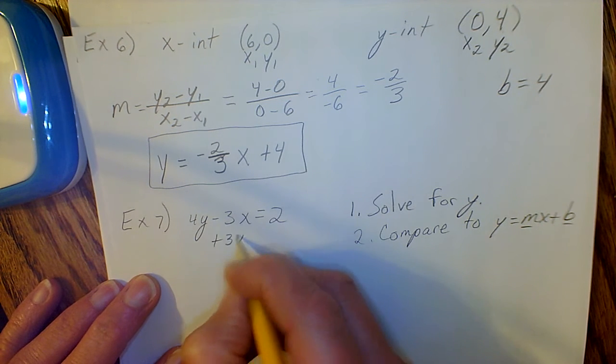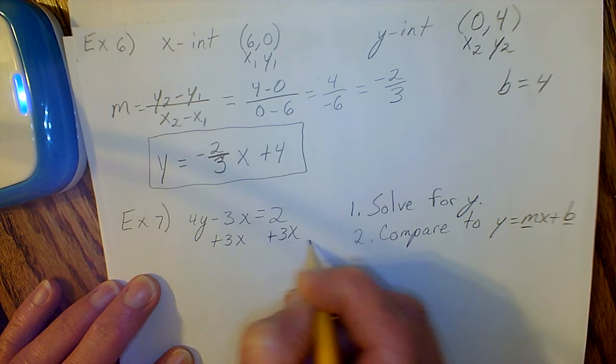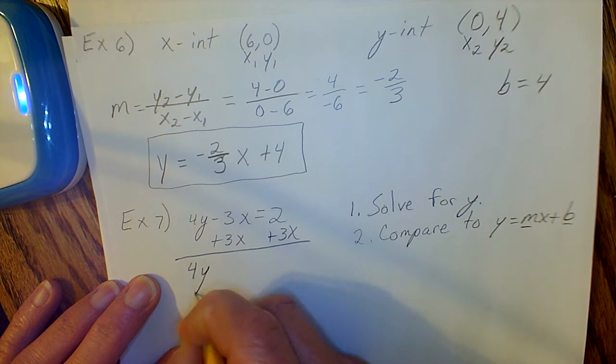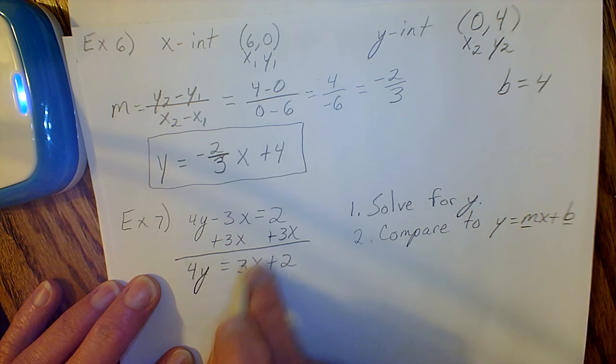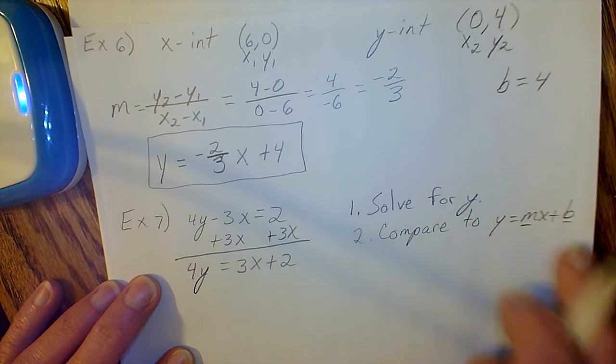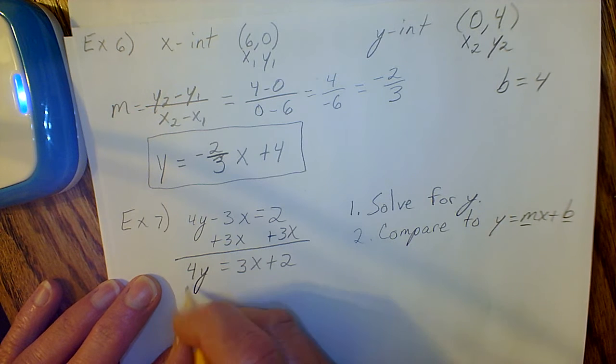So let's add 3x on both sides. That gives us 4y is equal to 3x plus 2. Now it is important that you write your x term first and then your constant, because that's the proper form that we need it in to compare.